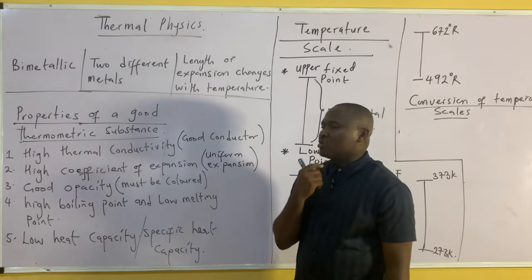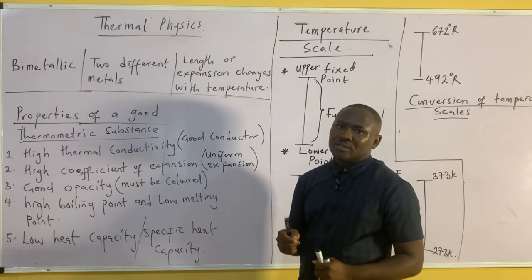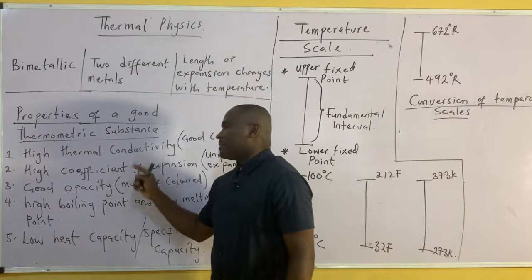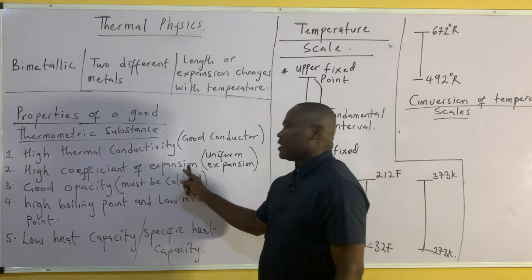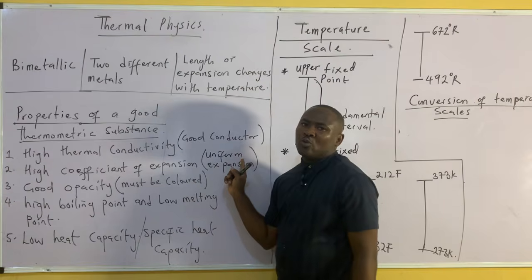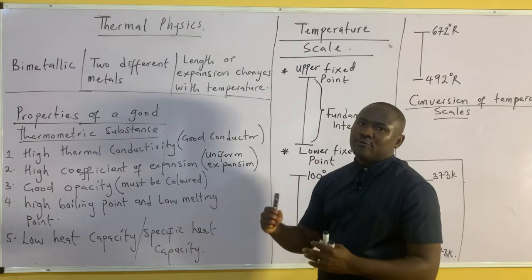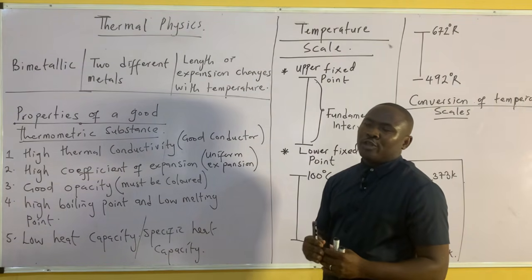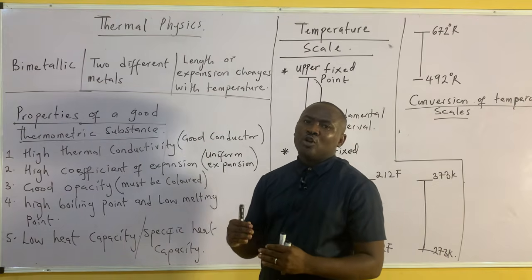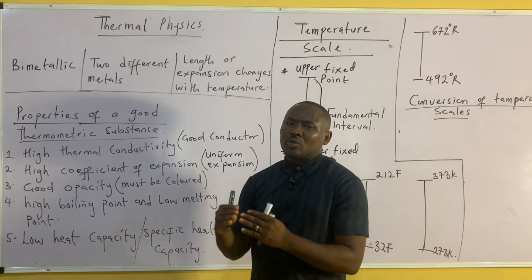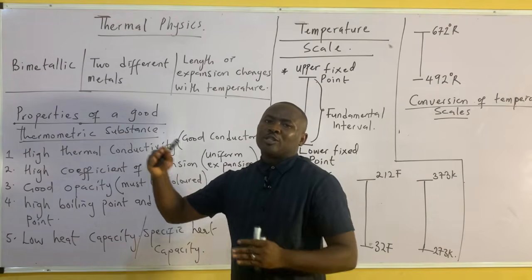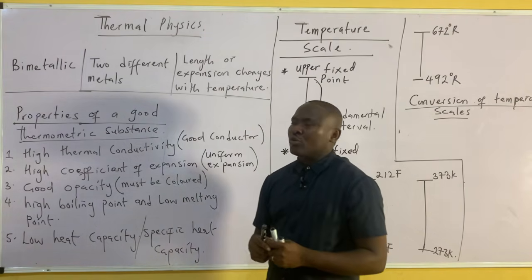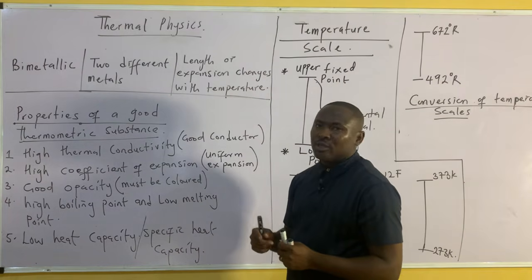Another one is a high coefficient of expansion, and it must expand uniformly. So if in a difference of 20 degrees Celsius this is how much it expands, in the next 20 degrees Celsius it should be a uniform expansion, not an irregular or non-uniform expansion.